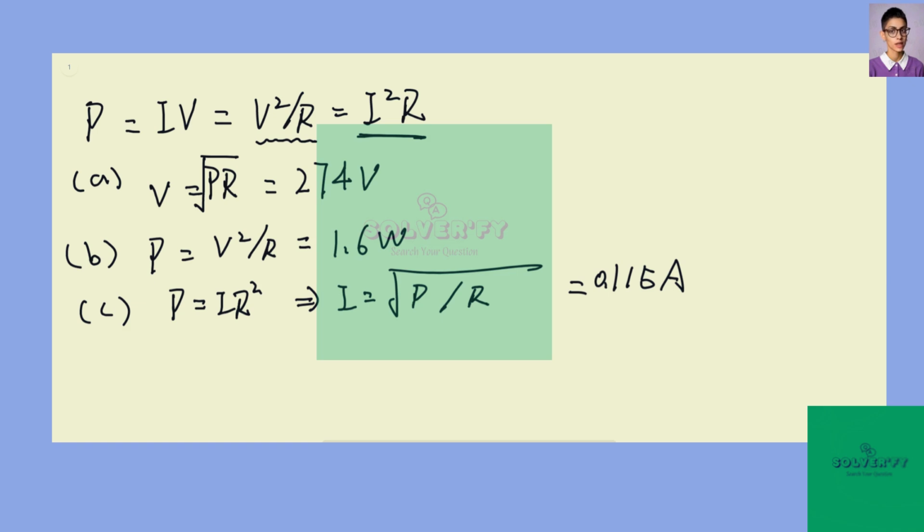Okay. So in this case, the 150 ohm resistor is going to have 2 volts, and the 100 ohm resistor is going to have I squared times R, which is 0.115 squared times 100.